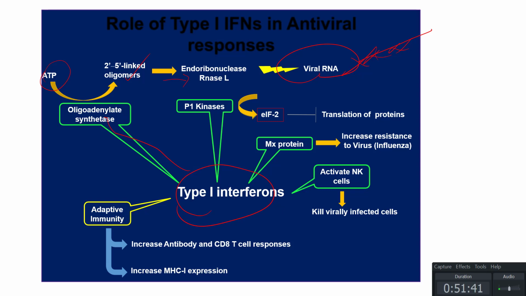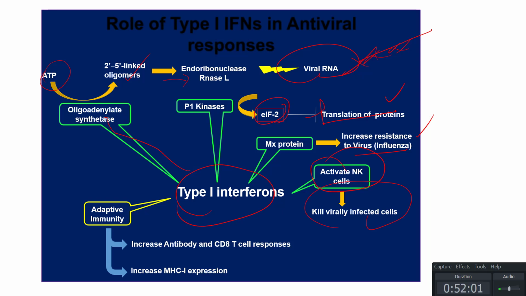Or else type 1 interferon also activates the PKR kinase, that will inactivate the elongation factor 2, so that will stop the translation of proteins. Or it can also activate the Mx protein, which increases the resistance to viruses such as influenza. And type 1 interferons activate the NK cells, that also kill virally infected cells in the body.